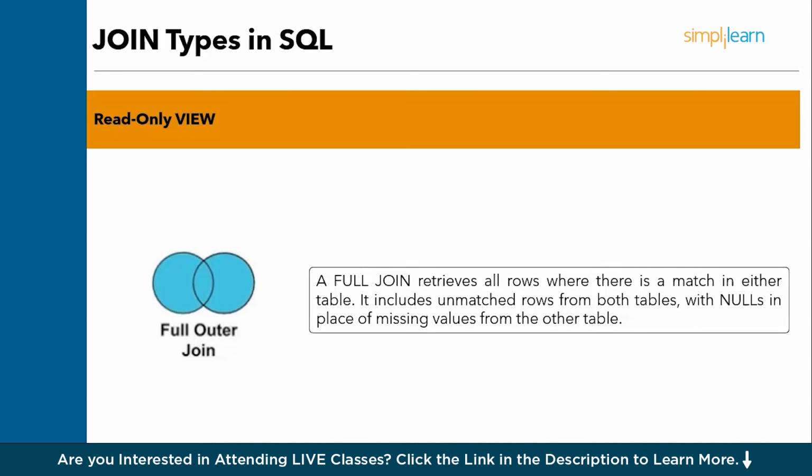The first 5 to 6 columns will be in table A, and the next 4 to 5 columns are in table B, based on your requirements, right? Now, there comes a situation where you need all the 10 columns in one particular situation. So this is where you come across the full outer join or full join. This particular full outer join combines all the columns from table A and all the columns from table B, and also the ones which are in common between both, right? So this is how a full outer join works.